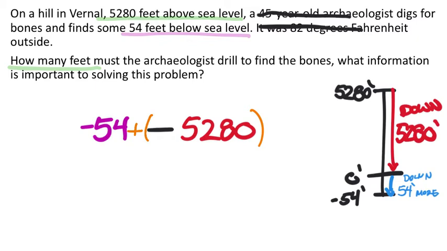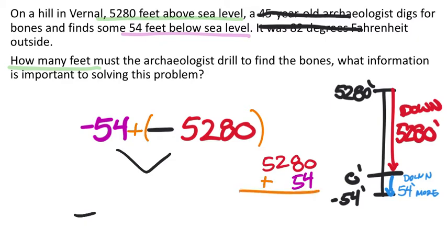The reason I'm doing this is because when we combine these two, we know the answer will be a bigger negative, which means we're going to take the big number, 5,280, and add the smaller number, 54. And that will be the distance between the two as a negative.